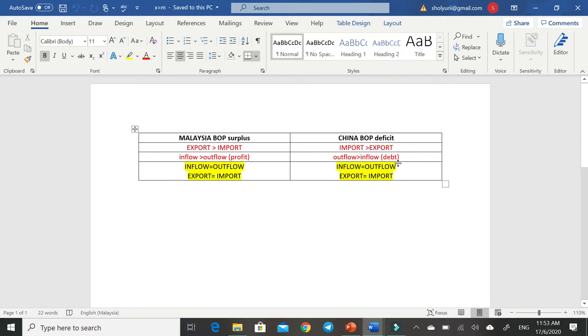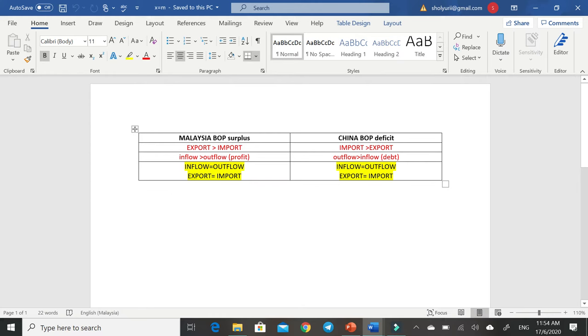Okay, so in China, if this debt keep increasing, at the end of the day, China, the country, will go bankrupt. So it is not favorable for them. And looking at this situation, Malaysia is not trying to aid this situation because they love having profit there.